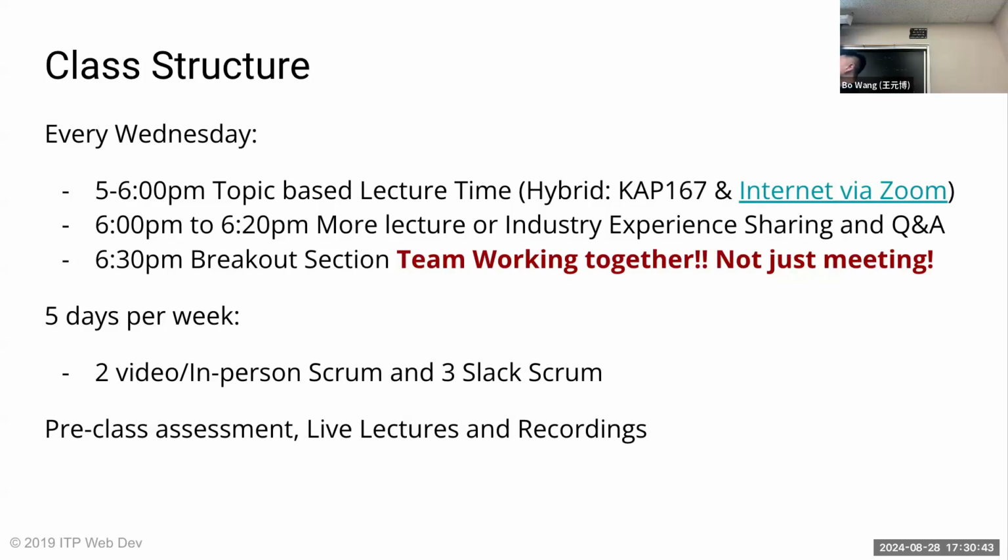It used to be that there was ITP 301 and also ITP 302, covering front end development, back end development, and user experience. Now I believe it's all 303 together, right?